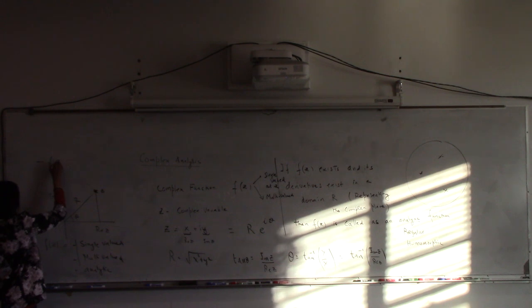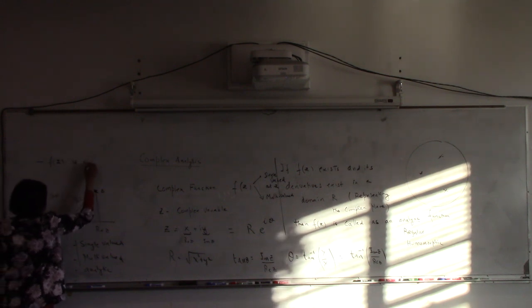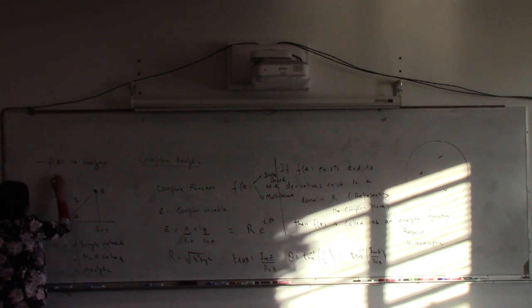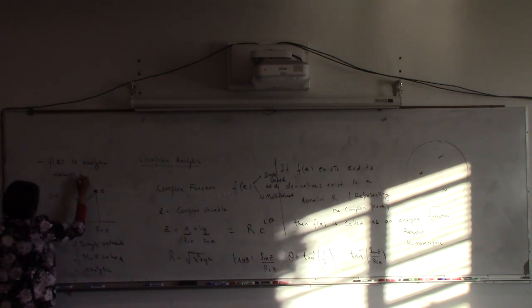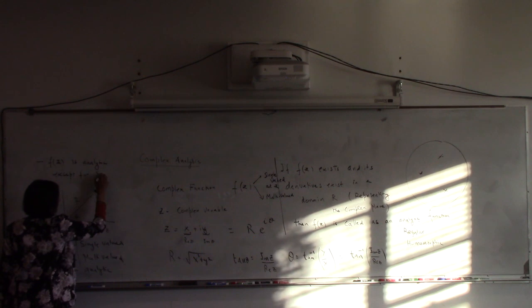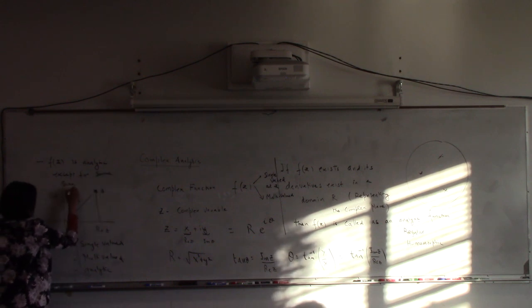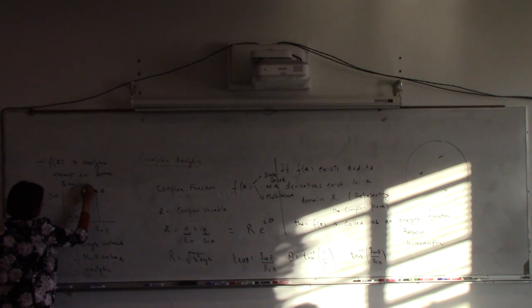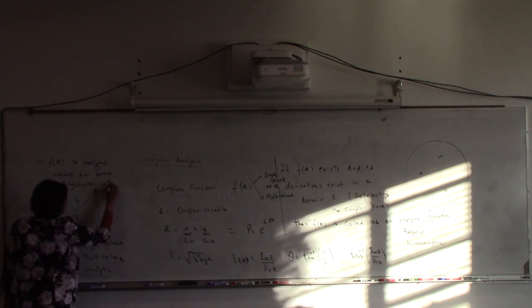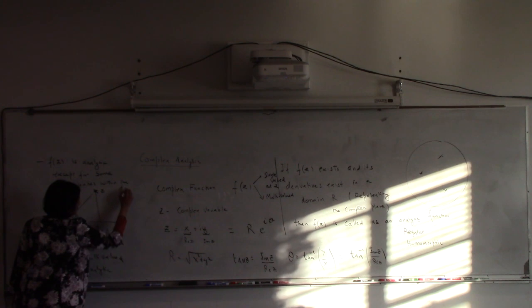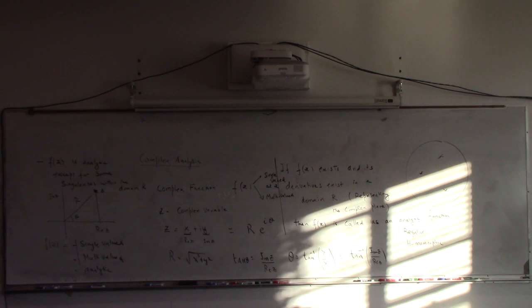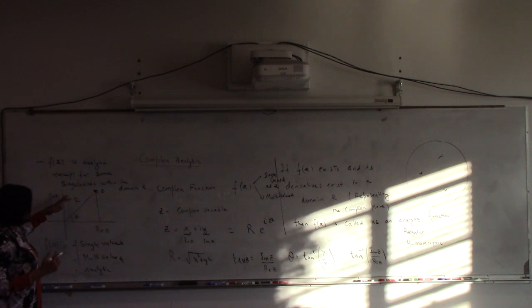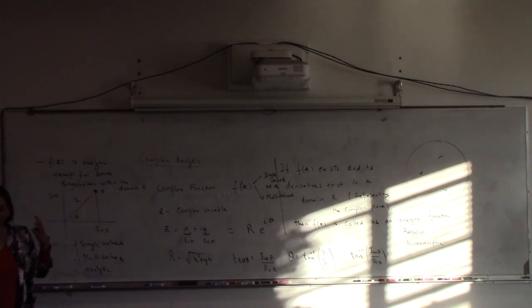So f of z is analytic except for some singularities within the domain. These are the words you'll come across, and we will explain some of the Cauchy theorems. There's something we do when it has singularities. Okay, so all these things are important.